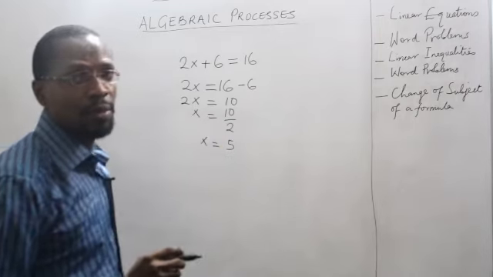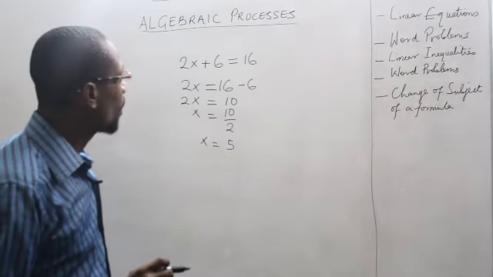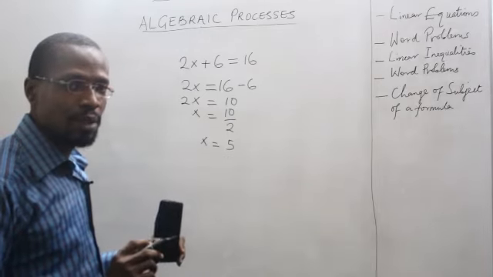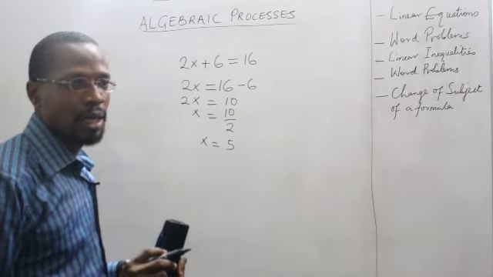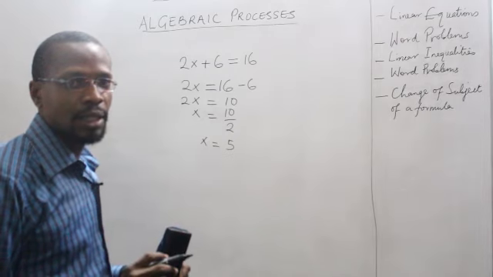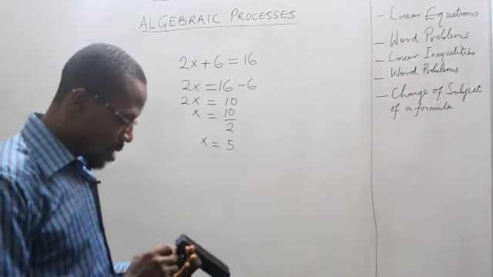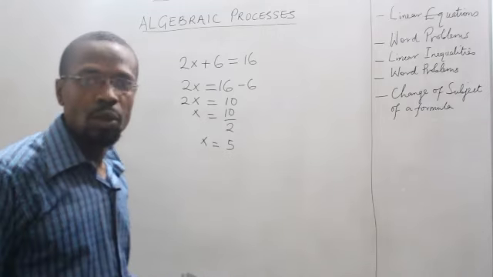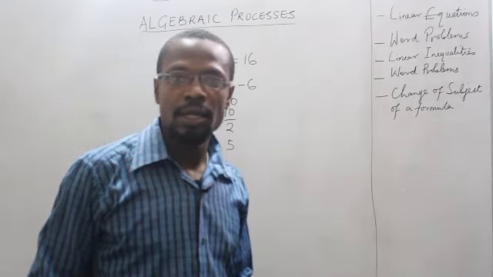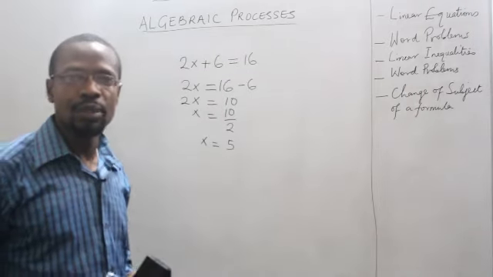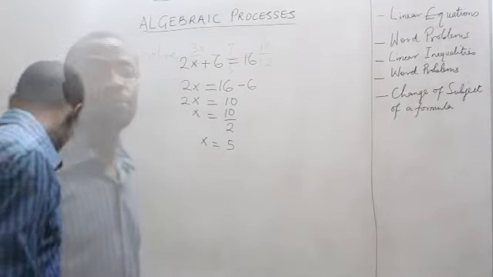I believe this is simple enough. This is a simple equation, and of course it can be resolved simply. However, we will look at a few equations that will require a little bit of complexity.